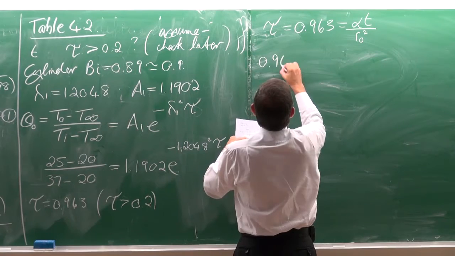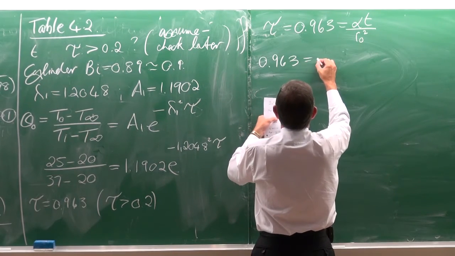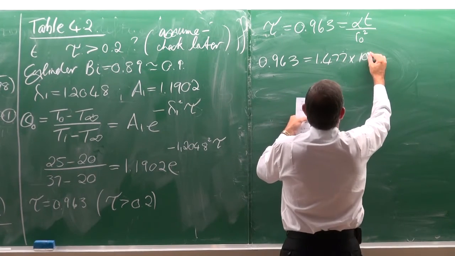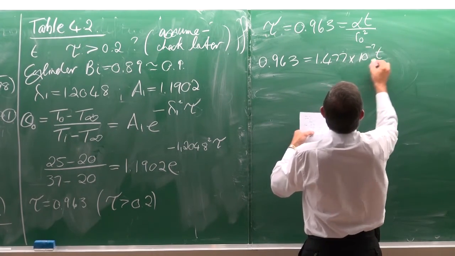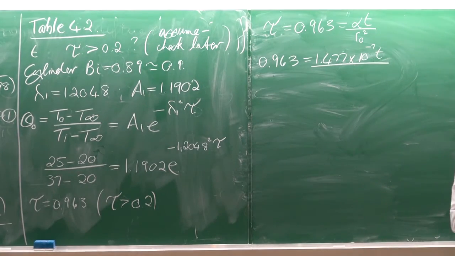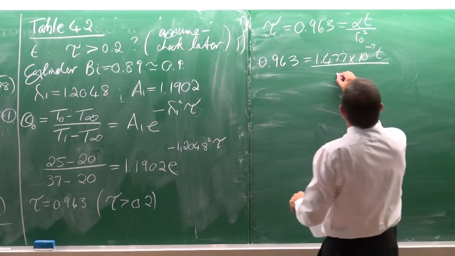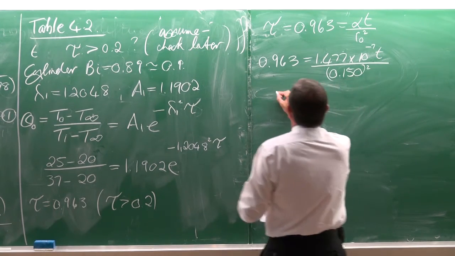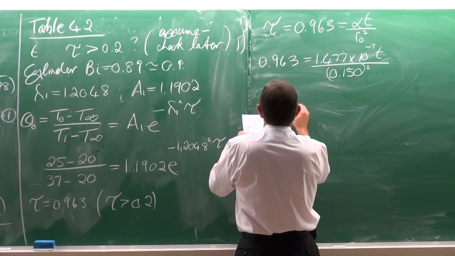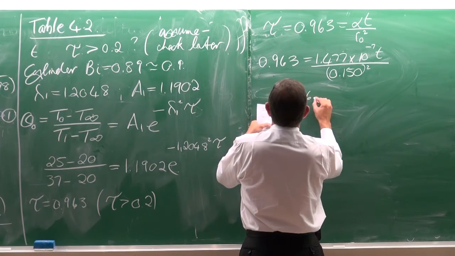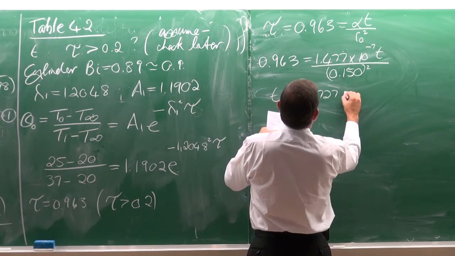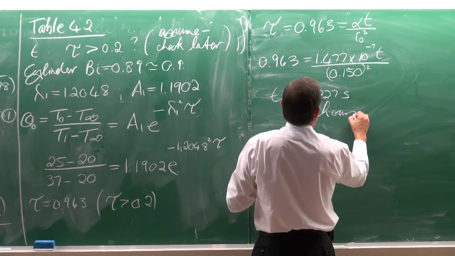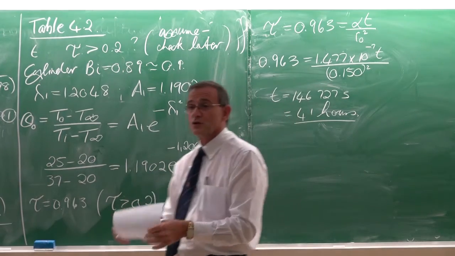So 0.963 is equal to alpha, which is 1.477 multiplied by 10 to the minus 7, multiplied by t divided by the radius of the body, and that would be 150 millimeters, 0.15 squared. And from this we can get the time as 146,727 seconds, and that is 41 hours. So it's more than 3 days.